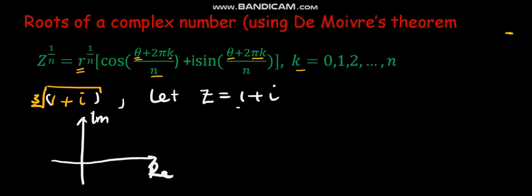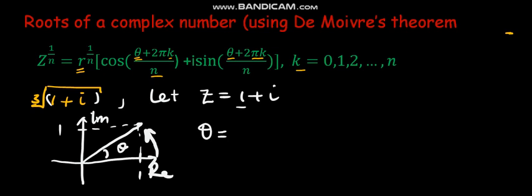It has 1 on the real axis and 1 on the imaginary axis. So we shall put our points and join them. We shall have a theta, measured from the positive x-axis, so it is our argument, and the argument is tan inverse of 1 over 1.